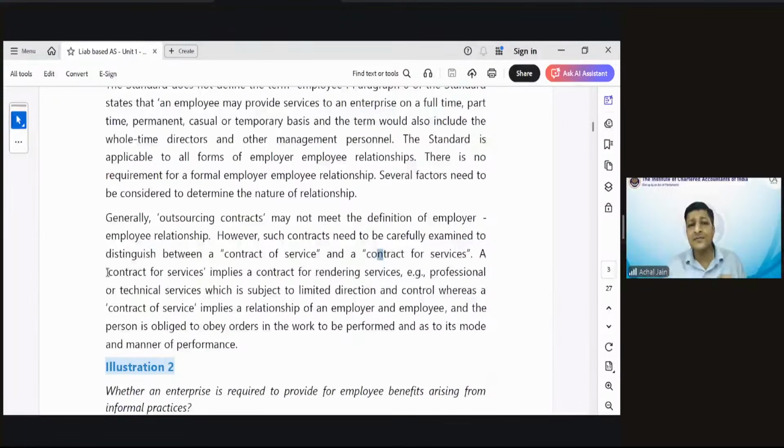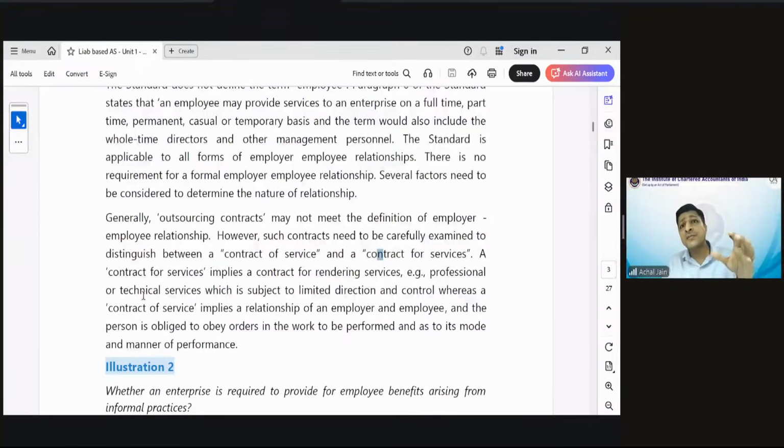Answer is yes. And just because the professional or the consultant is rendering services, can we say that professional or consultant will also become the employee? Answer is no. Why? Because in such a case, that professional or consultant is not an employee. Okay, so just because services are rendered, you will not call the other party an employee. It has to be a contract of service.